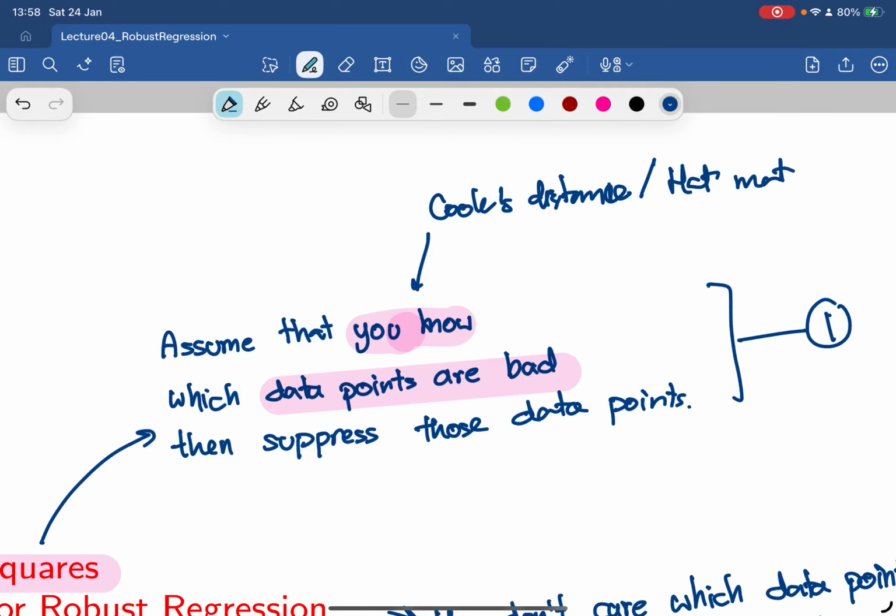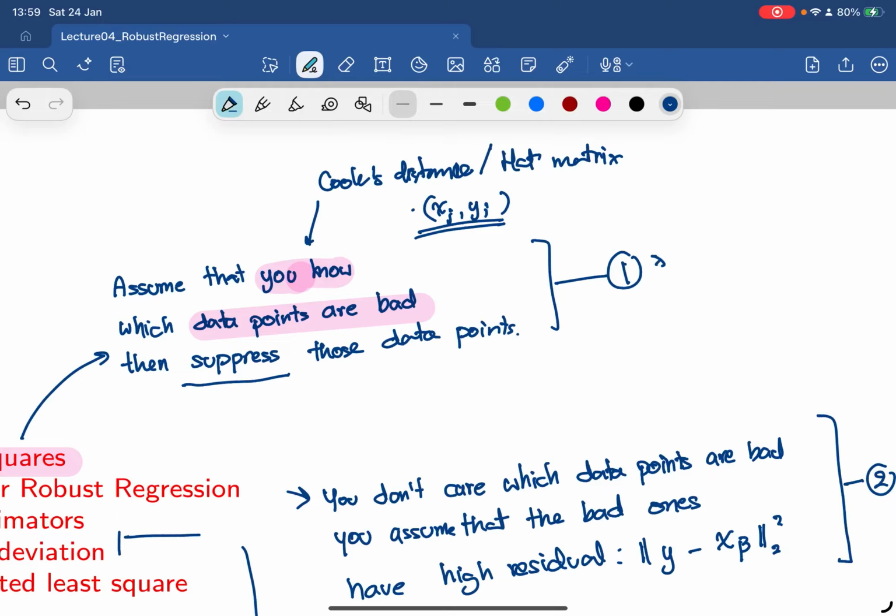So you know which locations of the data pairs xj and yj are having problems. And then with the information of those locations, you suppress the impact of these data points when you are trying to estimate the model parameters beta. So that's your first technique.